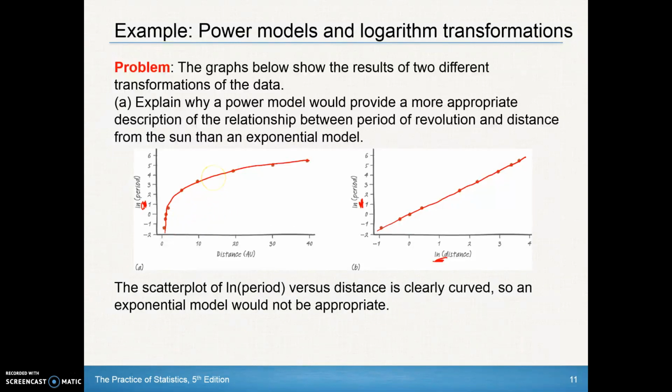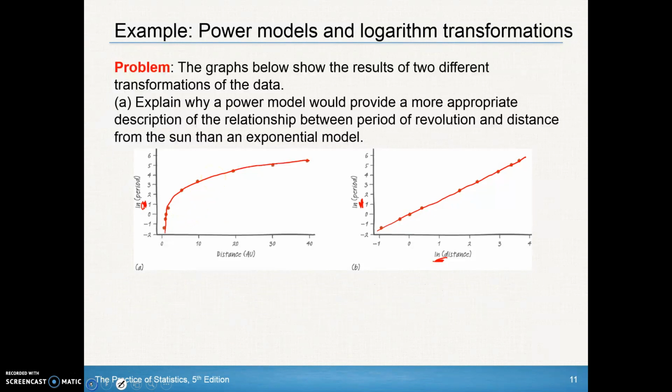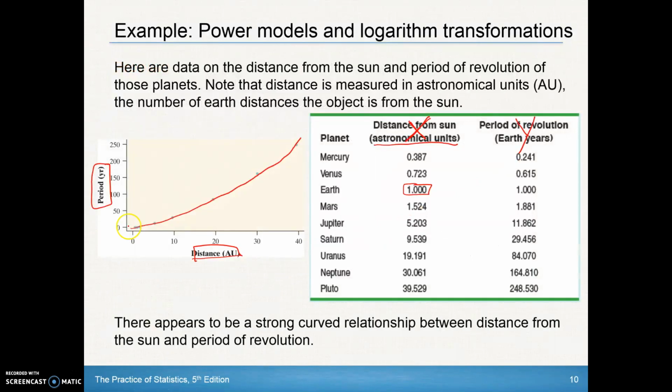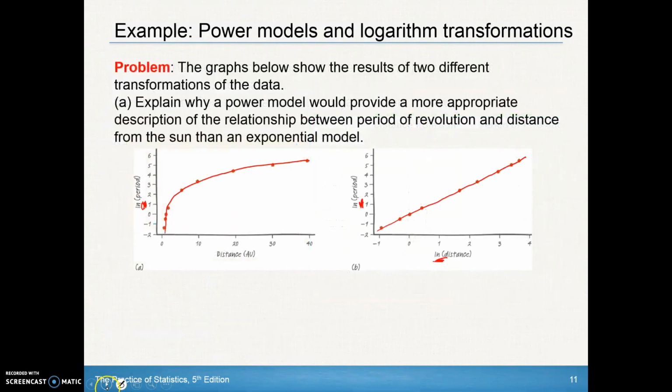If the original data was exponential, then logging the y's should just undo that and linearize the data, and it didn't. So this can't be an exponential model.